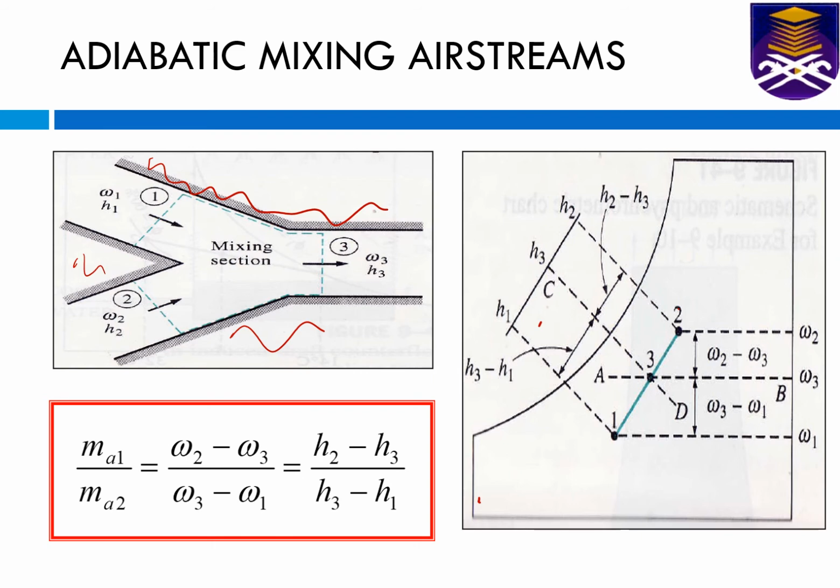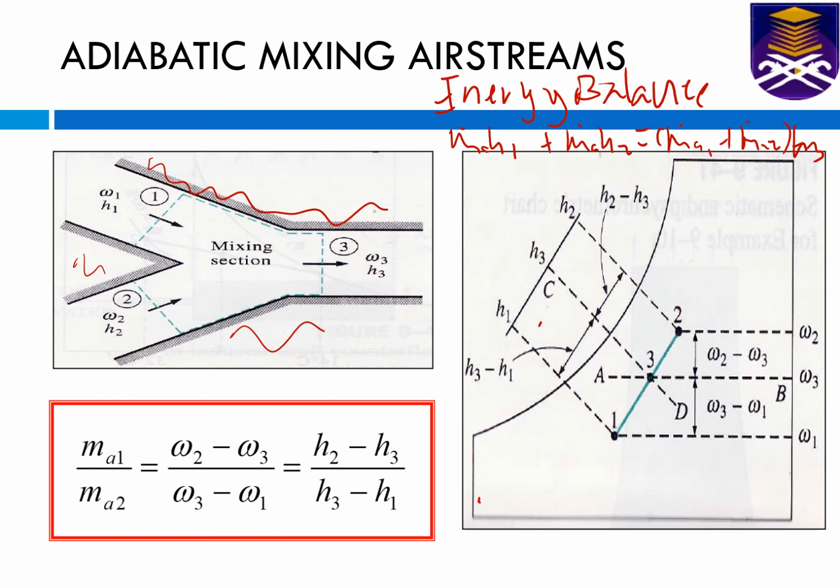So for the energy balance, what we have here: m dot A1 h1 plus m dot A2 h2 equals (m dot A1 plus m dot A2) times h3.